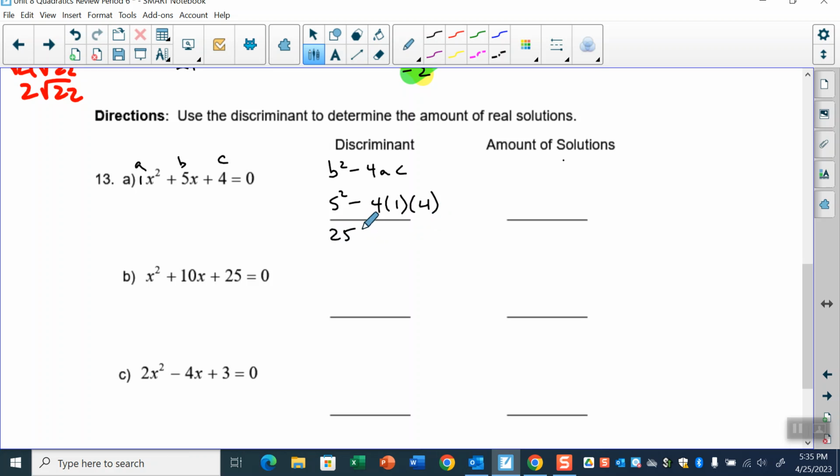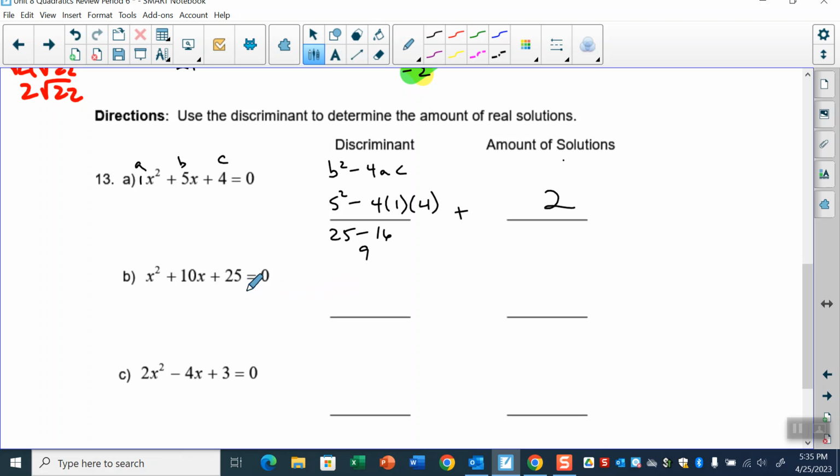So that's 25. And there's one negative, so minus 16. All right, and so that is going to equal 9. So that's positive, right? The discriminant is positive, so that means there's two solutions. In general, this is positive, so two solutions.